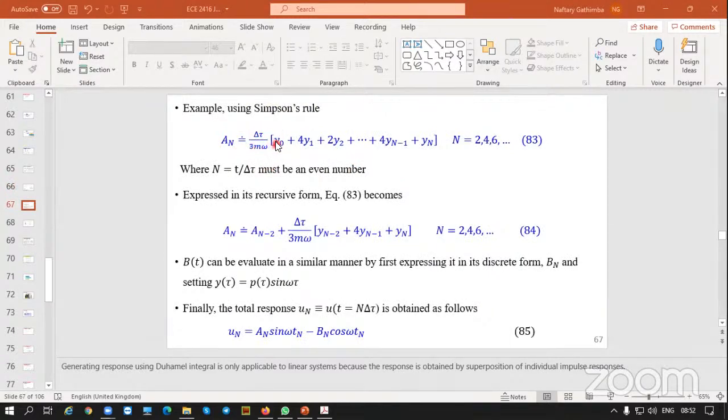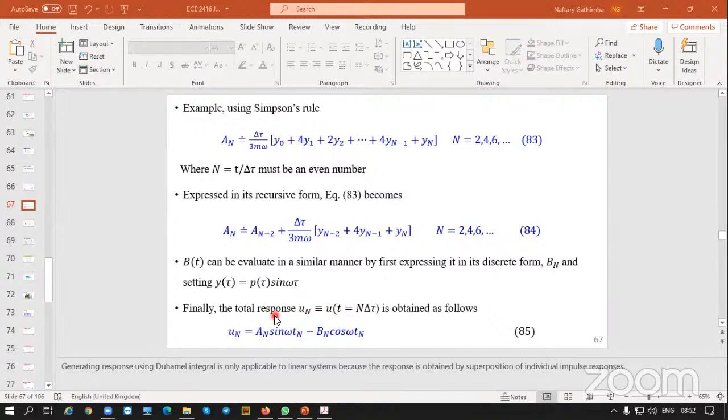We need to go to the ordinates y naught, y1 and all that, and then do the summation, and then we can use equation 85 to get the response in terms of the displacement. If it's force, remember F is equal to k times displacement, because we are within the linear range. We have talked of this analysis, the Duhamel's integral, being applicable in the linear range, so of course we know that Hooke's law applies in that range.